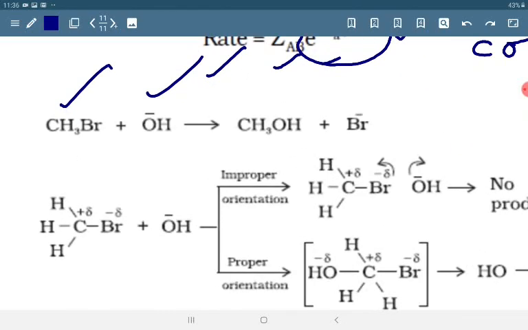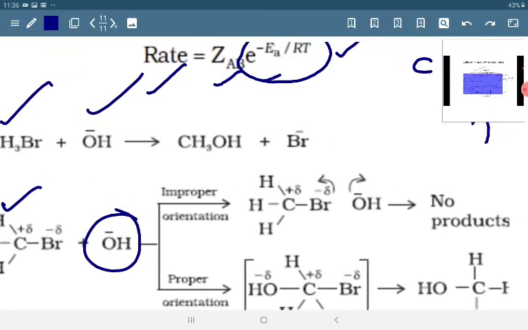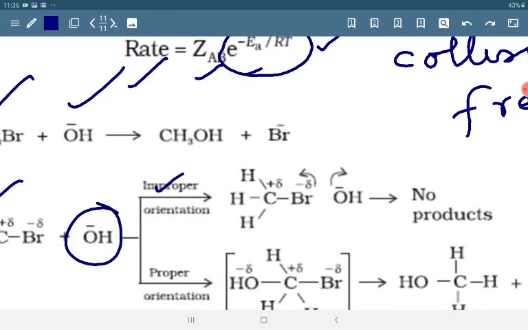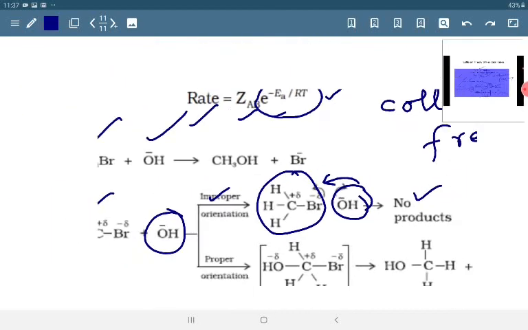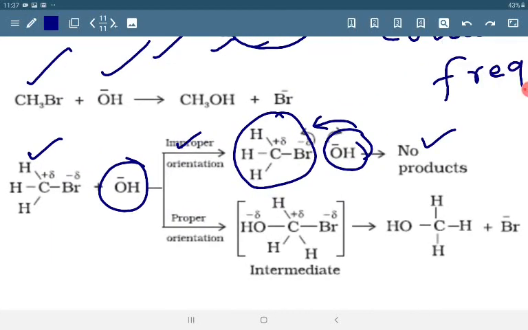This is an organic reaction. This is methyl bromide, and OH negative is called the attacking reagent. And this first one is improper orientation. Means if this OH negative, the attacking species, collides with methyl bromide this way, no products will be formed. And the second one is proper orientation.